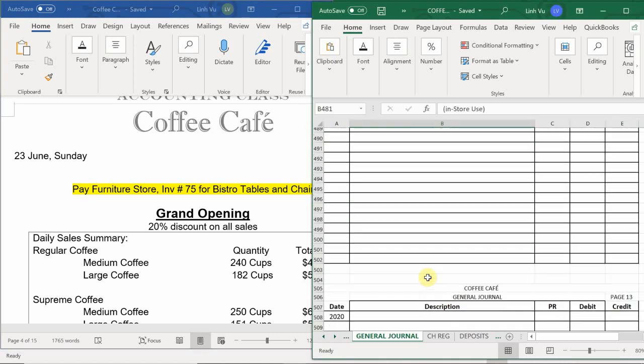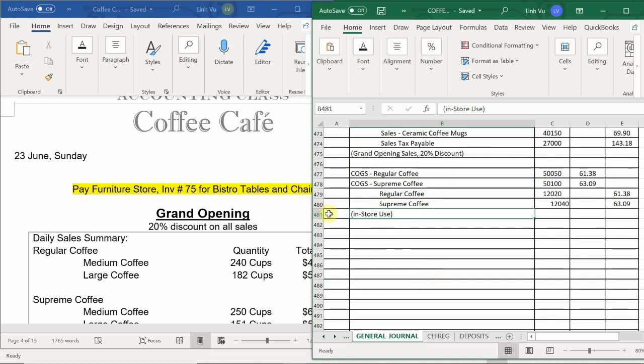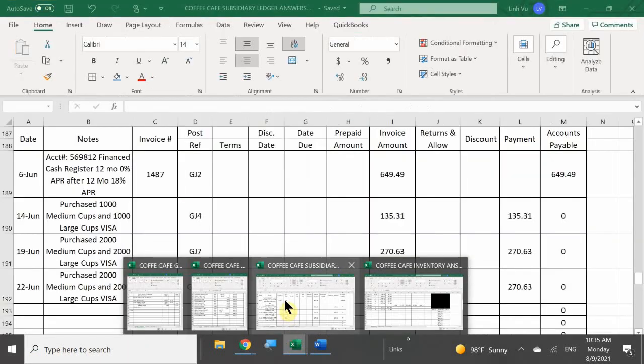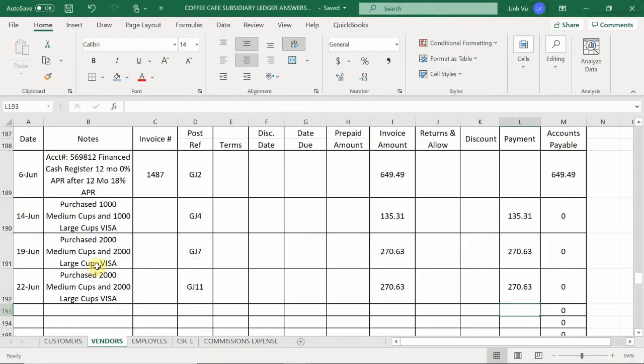I'll take this one. So first we're gonna check the subsidiary ledger vendors to see the amount because it's not giving us the amount there. Okay, so let's take a look at my subsidiary ledger for furniture store.